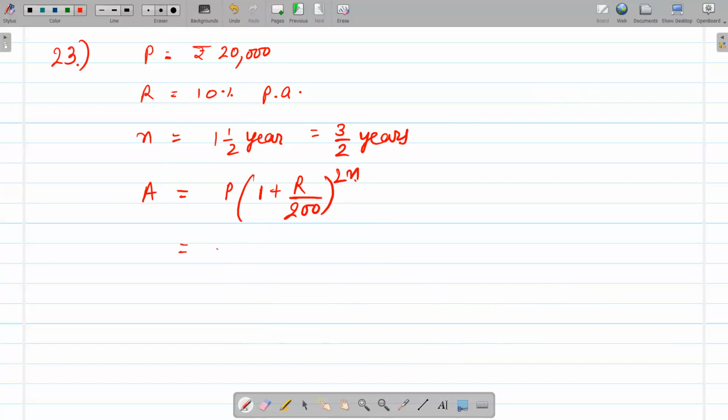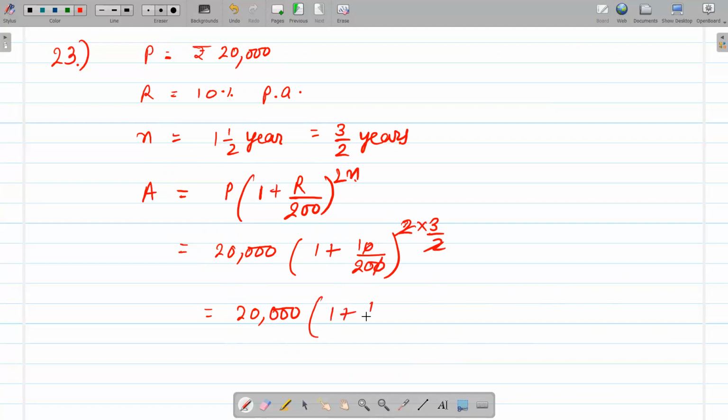तो मेरे पास बन जाएगा 20,000 into (1 plus 10 upon 200) raised to power 2 into 3 upon 2. 2 से 2 आपका cancel हो जाएगा. 20,000 into (1 plus 1 upon 20) raised to power 3.